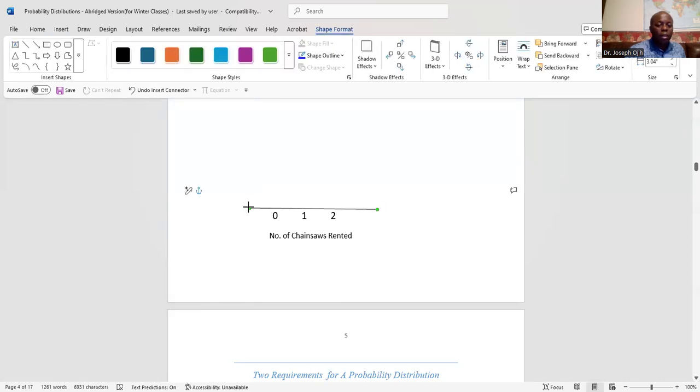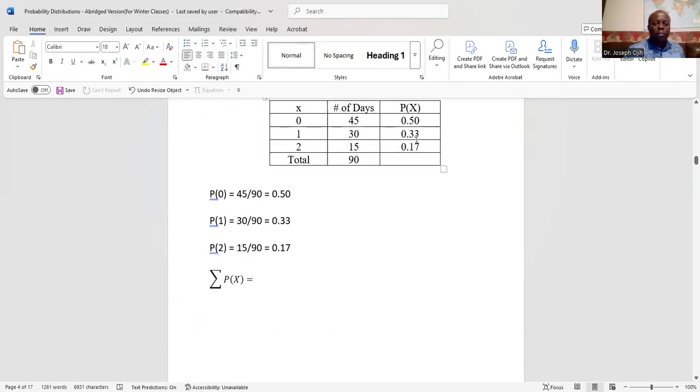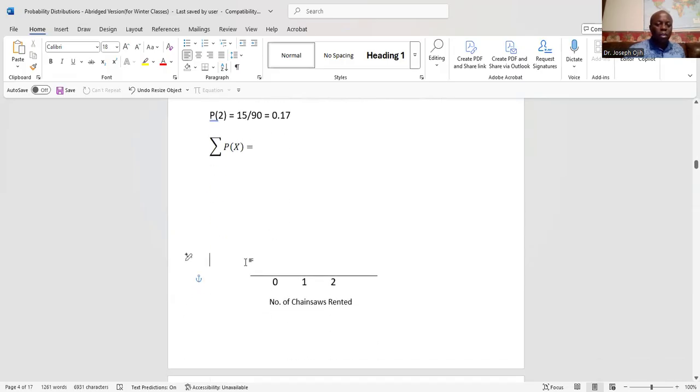Of course, make a little adjustment. Then the P(x), our probability, goes from 0.17, 0.33, 0.5. So I'm gonna use here.